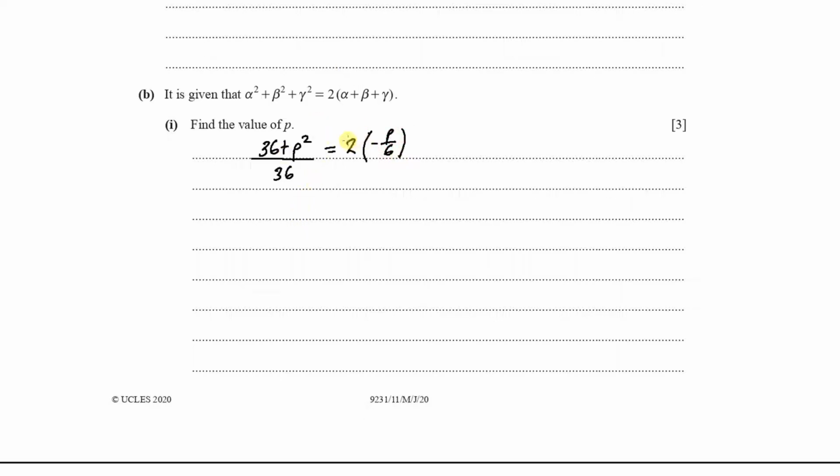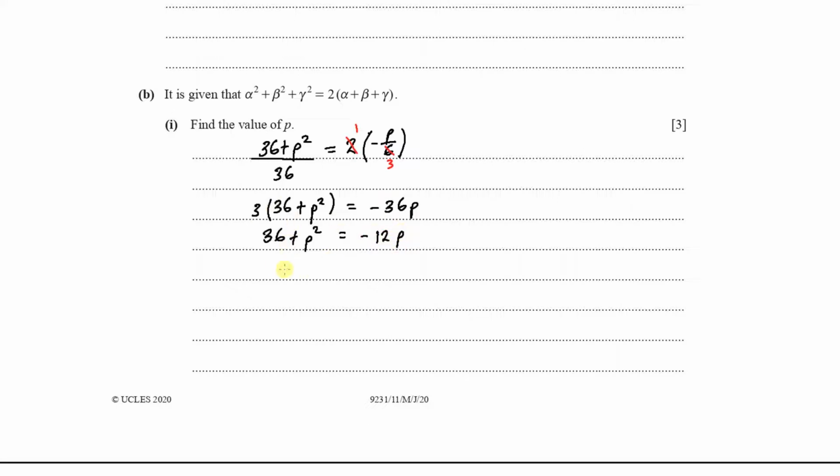I know that if I divide 2 into 6, I get 3. And through cross multiplication, I'll be having 3 of 36 plus p squared is equal to minus of 36p. Then if I divide both sides by 3, I will be left with 36 plus p squared is equal to minus 12p.